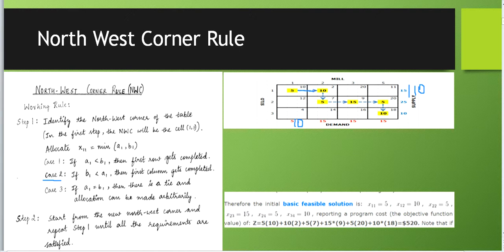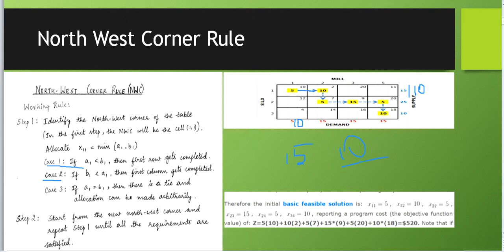There are three cases being given. Now let us check again the demand and the supply values. The demand value is 15 and the supply value for this particular cell is 10. So among 15 and 10, which is the minimum value? Obviously 10 is minimum. So I assign the value 10 to this particular cell. So we are into case 1.